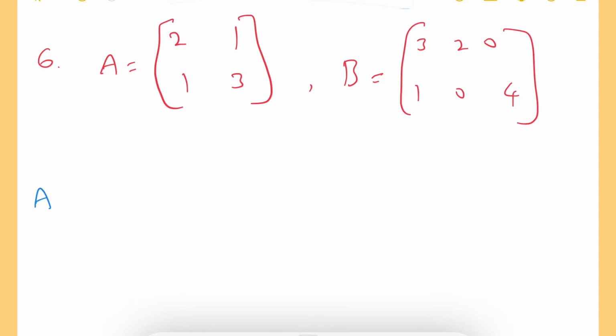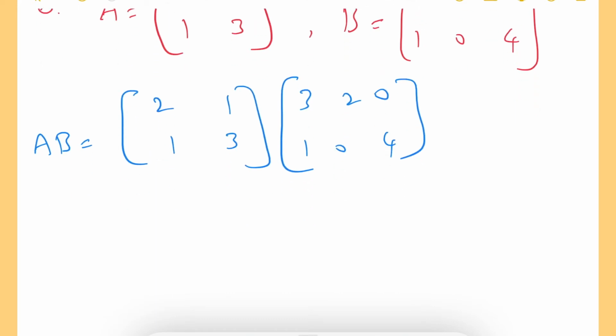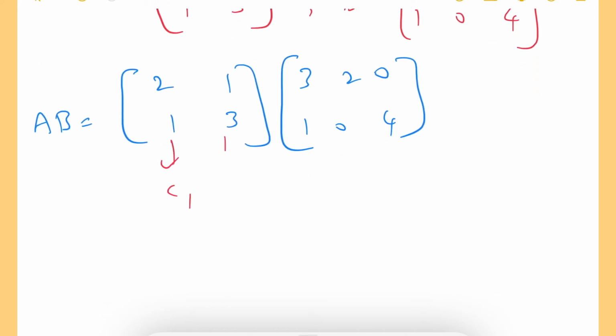So first let me find the AB value: 2 1 1 3 into 3 2 0 1 0 4. The number of columns in the first matrix is equal to the number of rows in the second matrix, so AB is possible. Okay, let us find it out then.